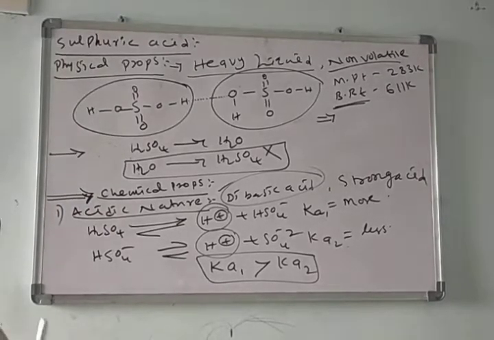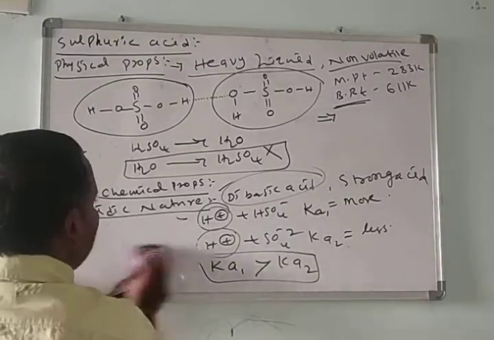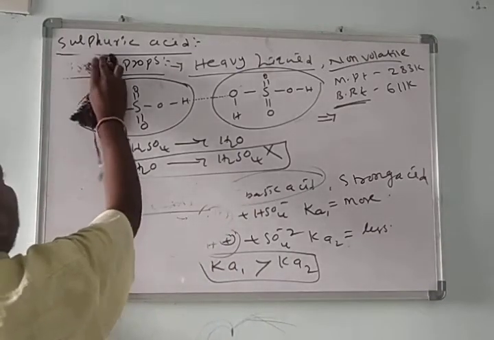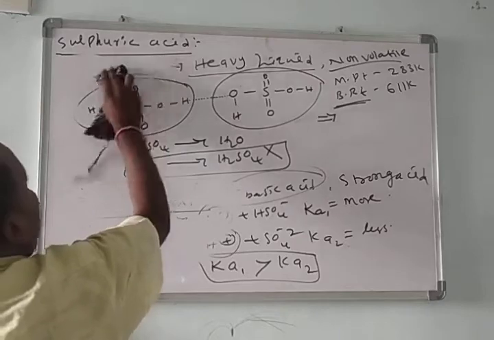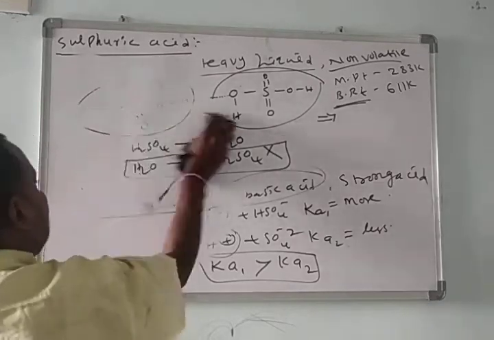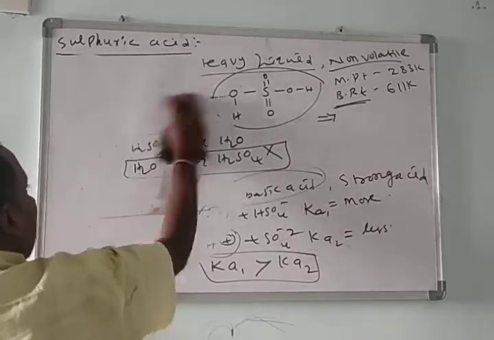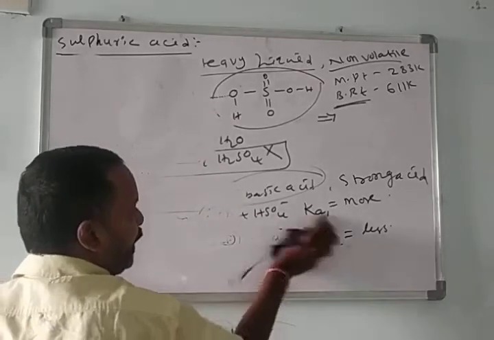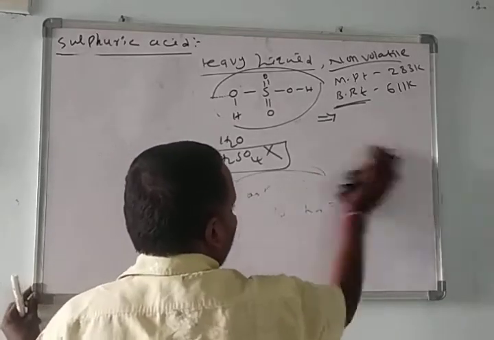And this acid easily reacts with the base. Here I want to explain some more chemical properties. Second chemical property, reaction with base. It reacts with sodium hydroxide and forms salt and water.